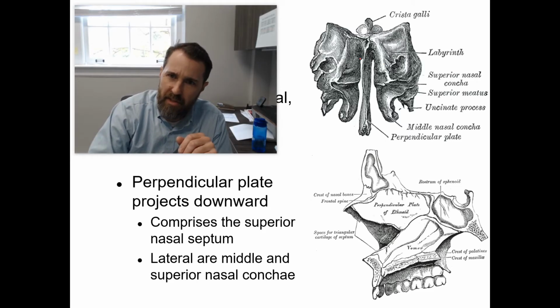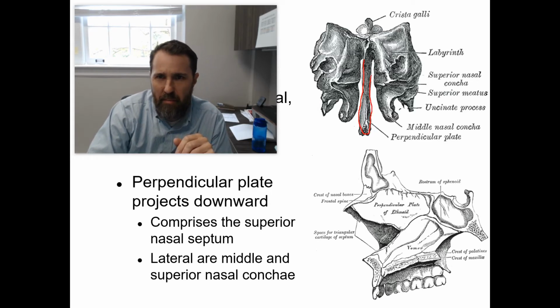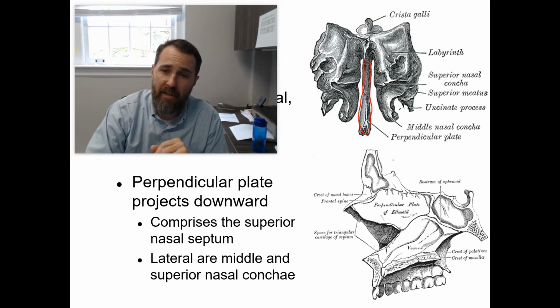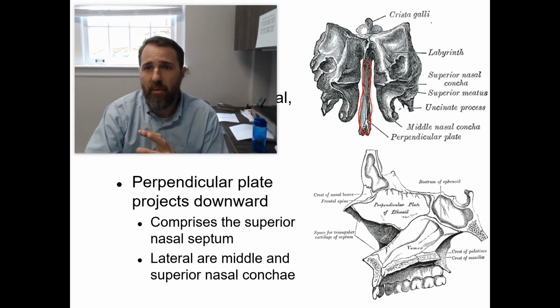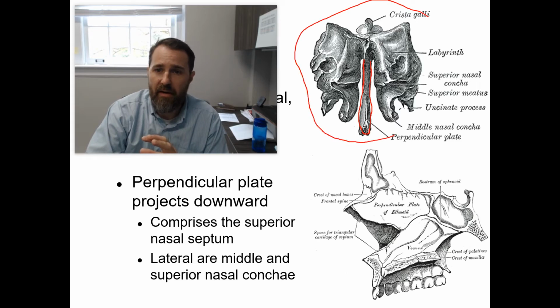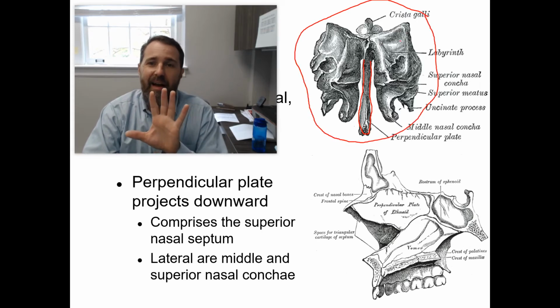As we've already mentioned, you can see that this ethmoid has a piece of bone that projects inferiorly. That is known as the perpendicular plate. And so in this image right here, we're looking at the ethmoid coronally.